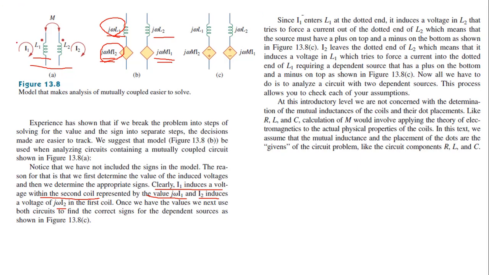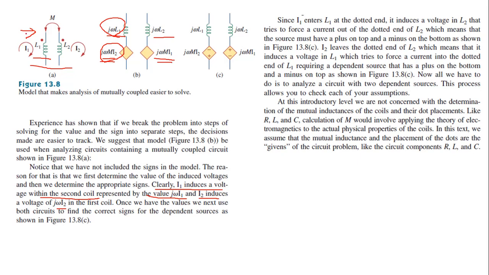Now take current I1. So current I1 enters L1 at the dotted end. Now we know the dot convention, right? So if this enters at this end, what happens? Since I1 enters L1 at the dotted end, it induces a voltage in L2 that tries to force the current out of this L2.